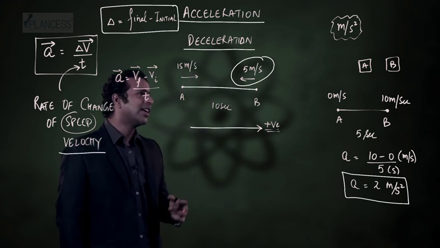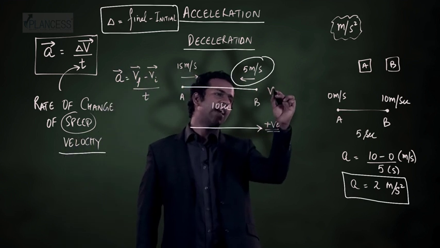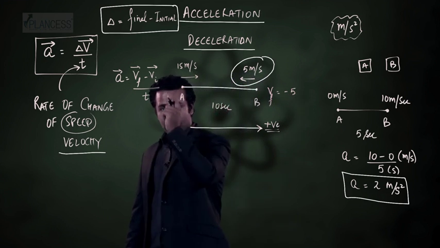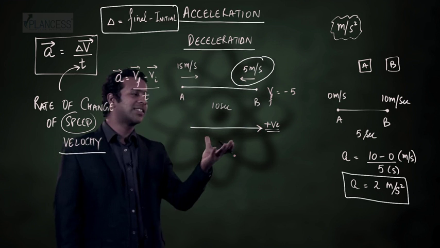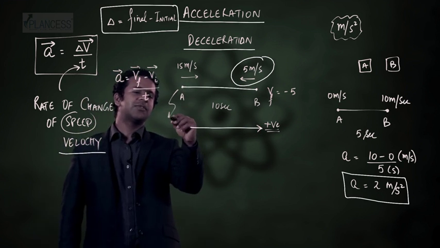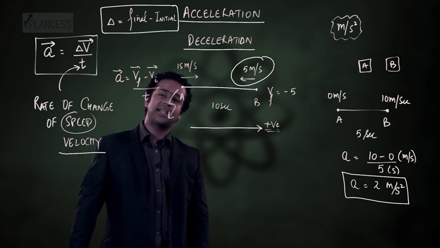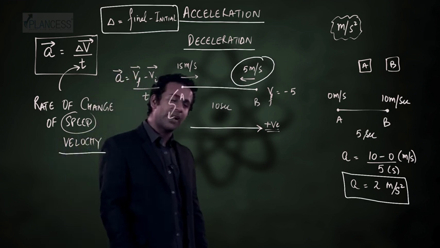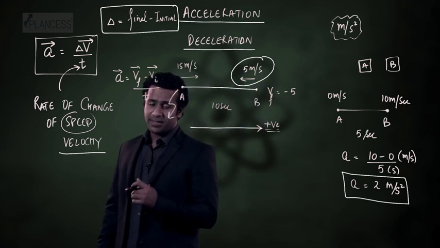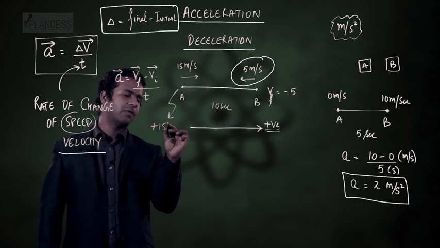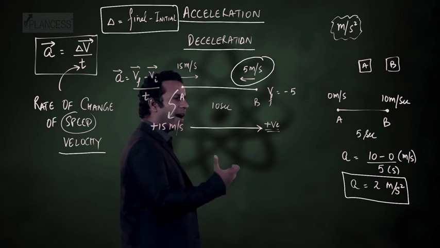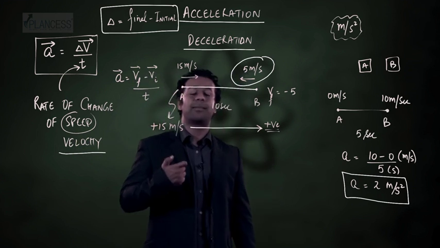So the final velocity Vf is minus 5 meter per second. This is because of the sign convention that we have chosen. Similarly, the initial velocity of this particle has magnitude 15 meter per second, and it points in the direction which we have taken as positive, and hence it becomes plus 15 meter per second. Now we have the final and the initial velocity with their appropriate signs.